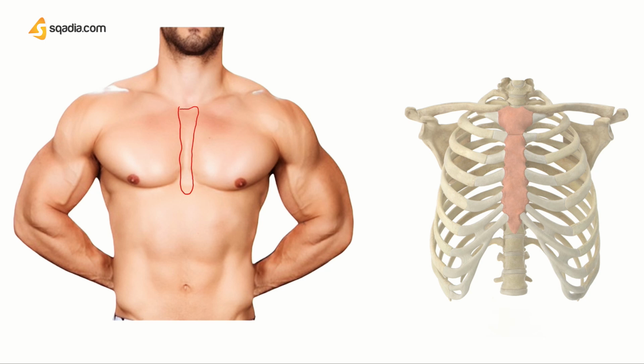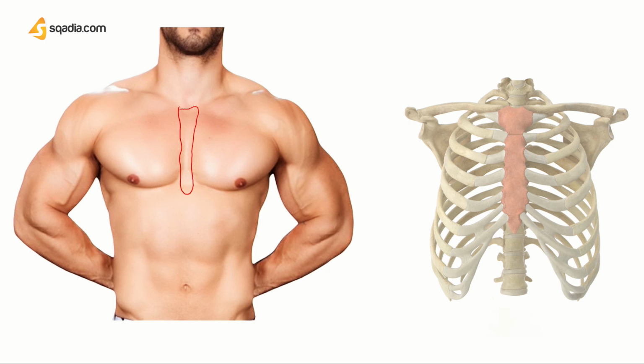And like I said, it's situated between the two pectoralis major muscles. So you can see the pectoralis major muscles on the lateral sides. And you can also see that it is situated in the anterior median plane, as we will be discussing later.